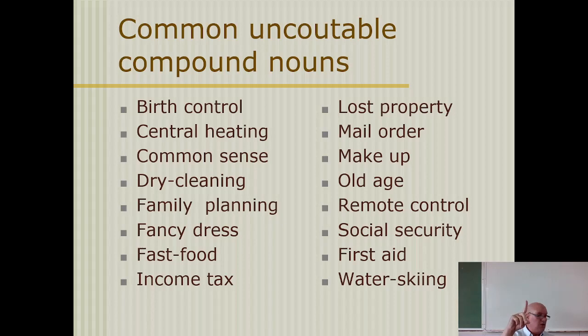Oh, wait a minute. This week, on Monday, I paid income tax. Oops! Oh my God. Lost property, mail order, make up, old age, remote control, social security, SSO, right? Social security, first aid, water skiing.